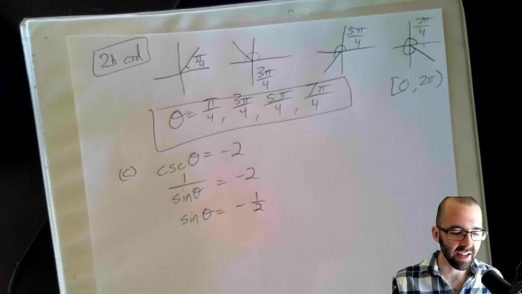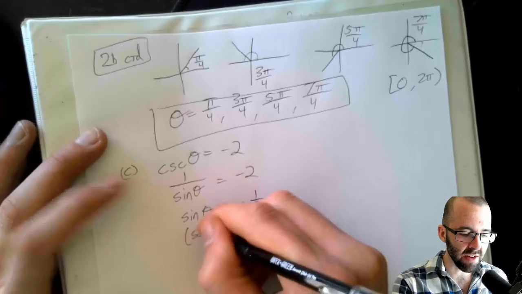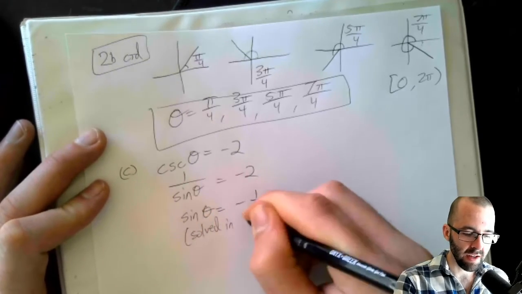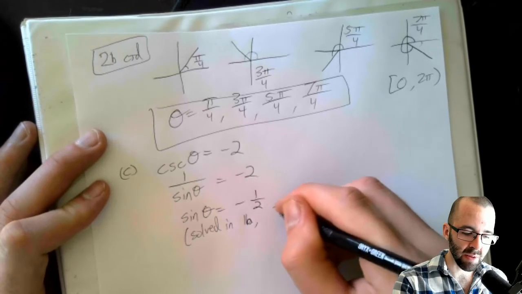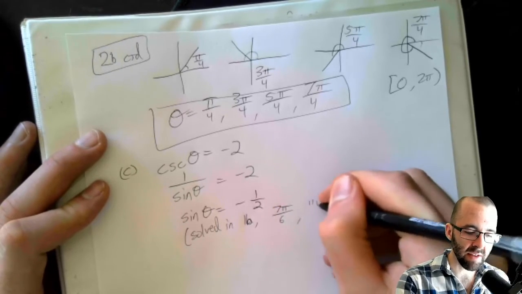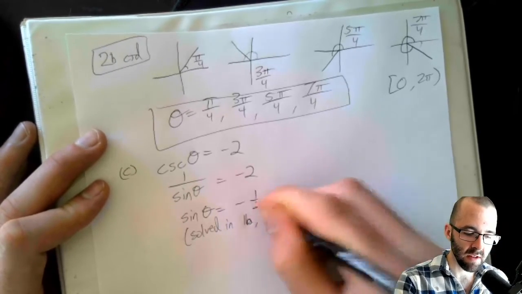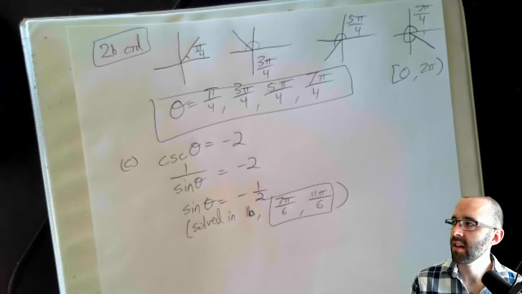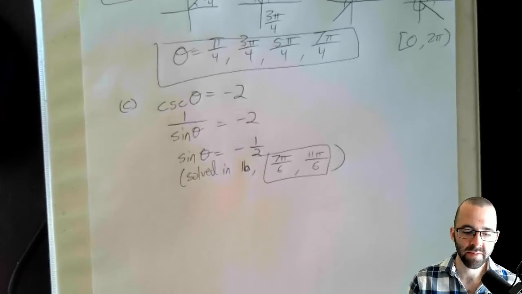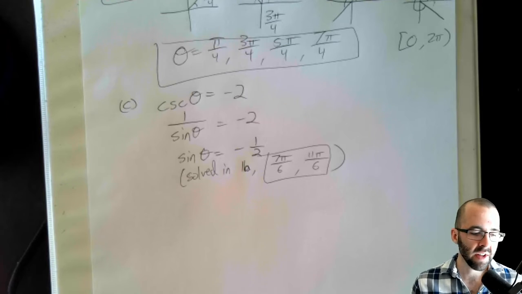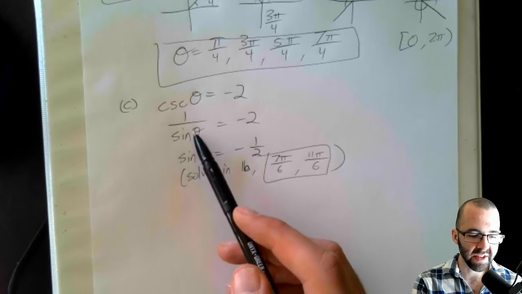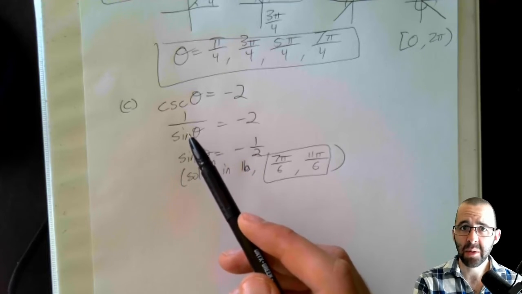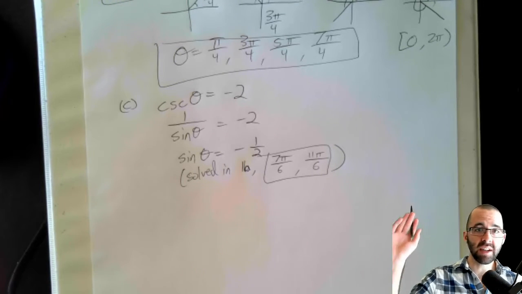So let's not solve it again. Solved in 1B, and our answers were 7 pi over 6 and 11 pi over 6. So that's how I deal with reciprocal functions. I just say, well, cosecant's 1 over sine of theta, let's work with sine of theta instead. But if you want to use cosecant, be my guest.